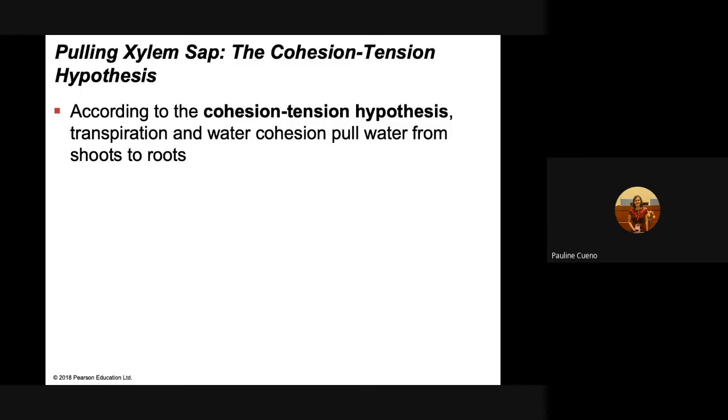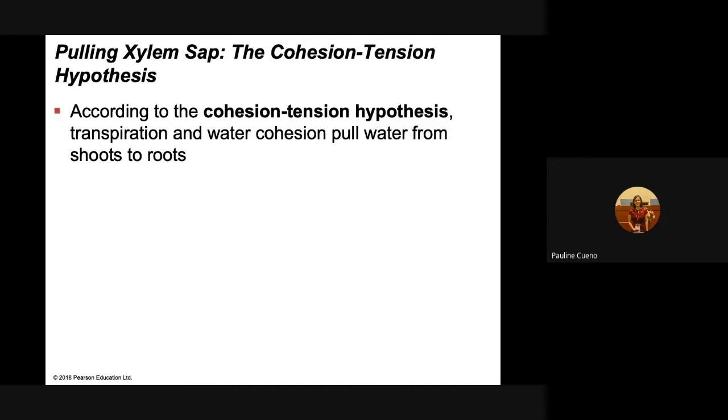So always remember that when we talk about xylem, this is the transport of water molecules. The process of transporting water molecules from the roots going to the shoots is called the cohesion-tension hypothesis. And this is brought about by transpiration.